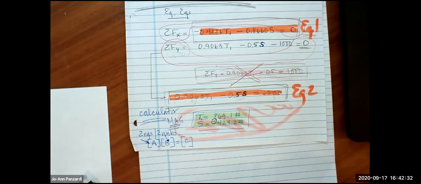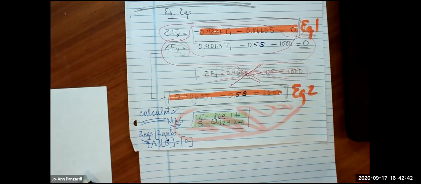My plan today is to make a short 5-minute video on how to set up the matrices. And then I'm going to give you a workshop where you can work together on figuring out who has the same calculators and figuring out how to do it on the calculator. But I'll show you how to do it on a generic calculator, okay?